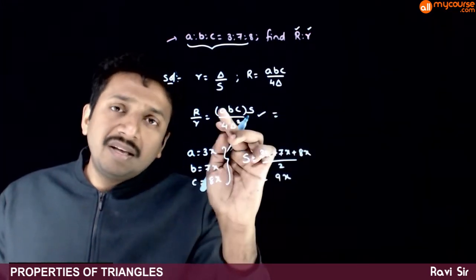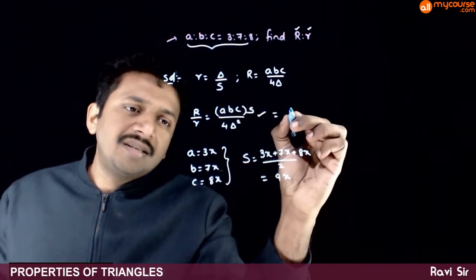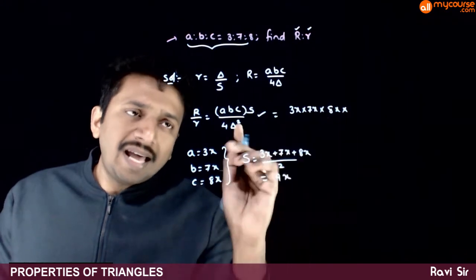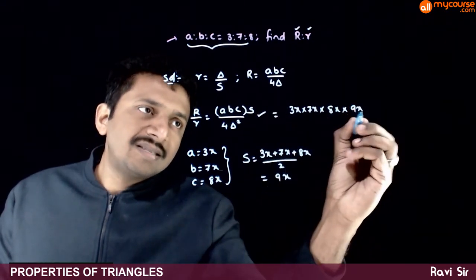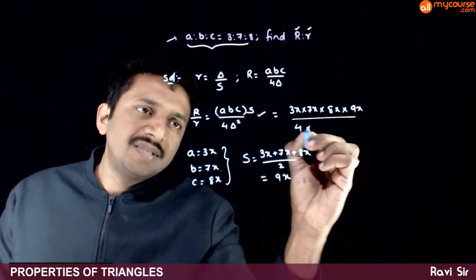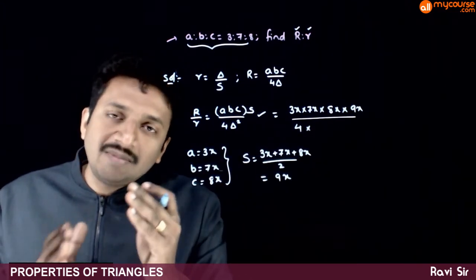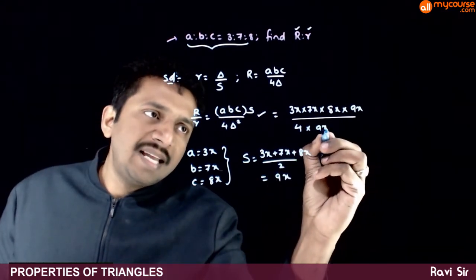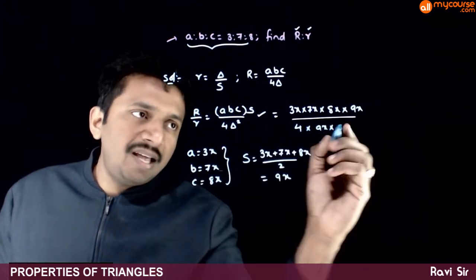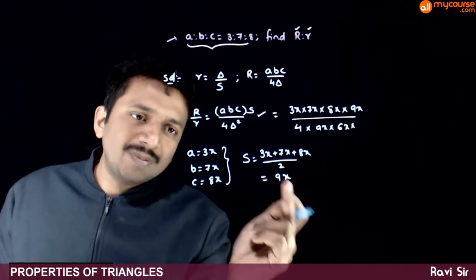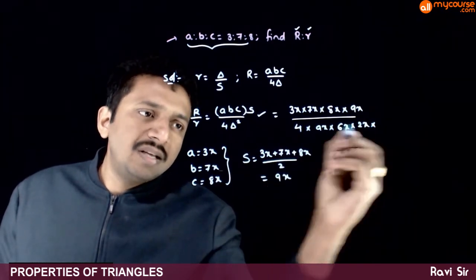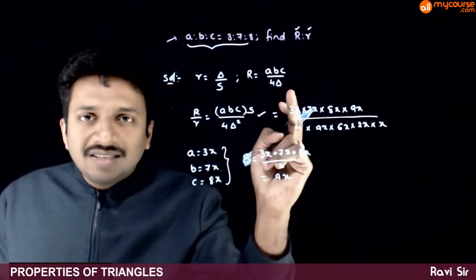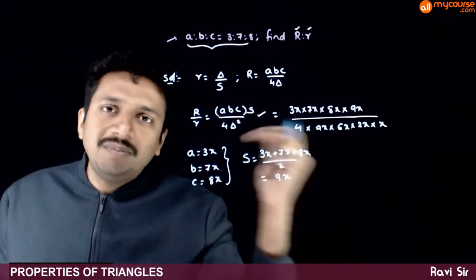So we have ABC, that is 3x into 7x into 8x, times S, which is 9x, divided by 4 times delta square, which is nothing but S times (S minus A) times (S minus B) times (S minus C). So S is 9x, S minus A is 6x, S minus B is 2x, and S minus C is x.